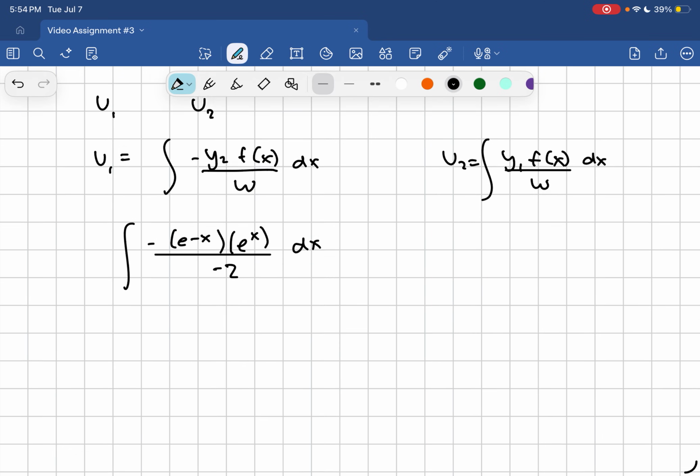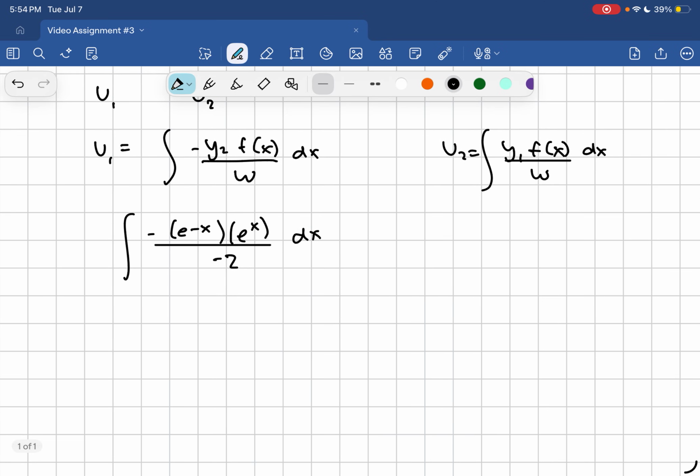And then the e to the negative x and the e to the x cancel out to 1. So this leaves us with the integral of 1/2 dx. And so u1 is equal to 1/2 x.